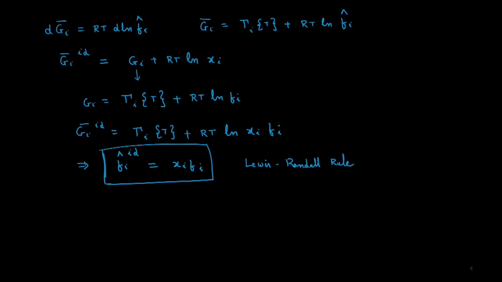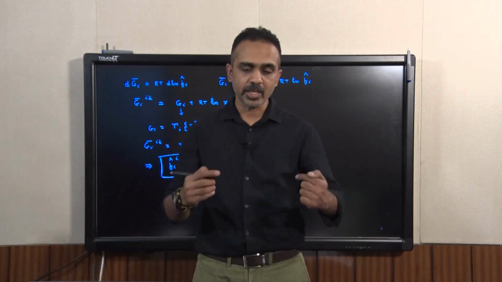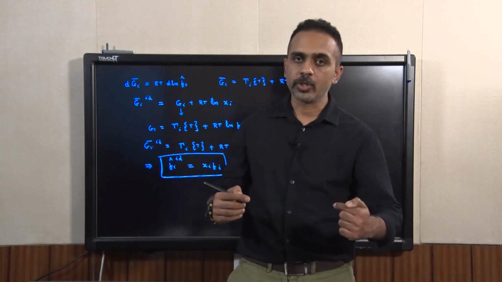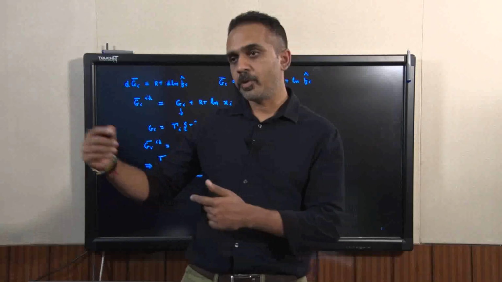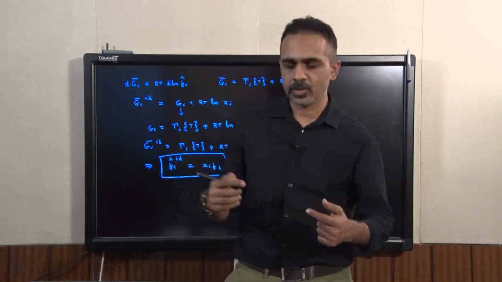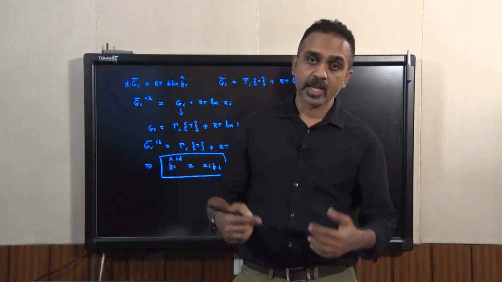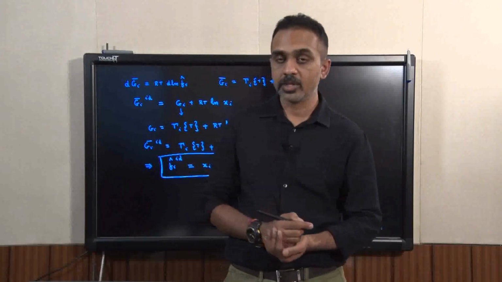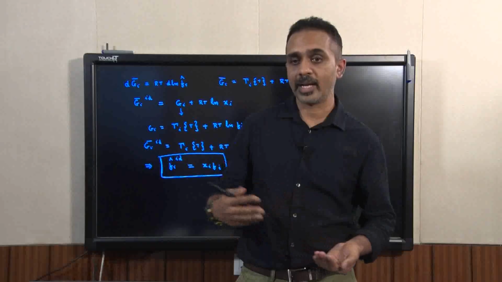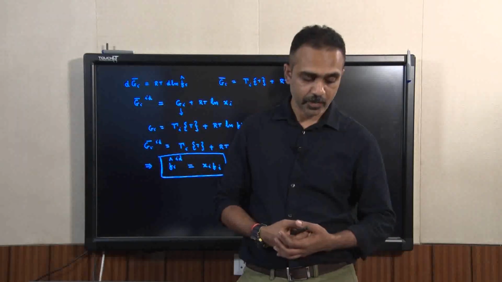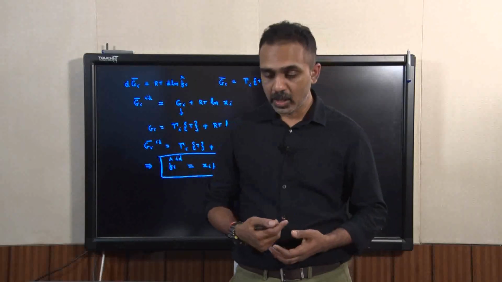So in an ideal solution, the fugacity of the species in the mixture is going to be proportional to the mole fraction, and the constant of proportionality is of course the pure component fugacity, because at one end it has to be the pure component fugacity, right? And we call this the Lewis-Randall rule.